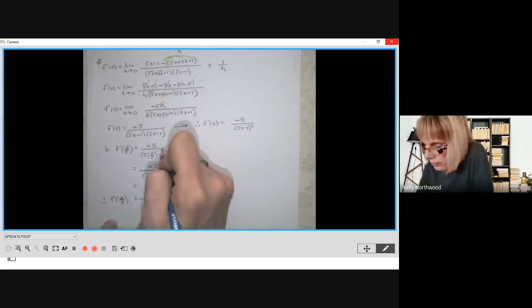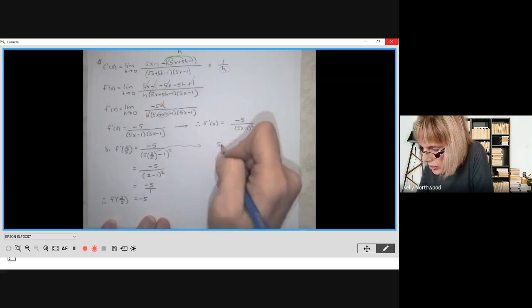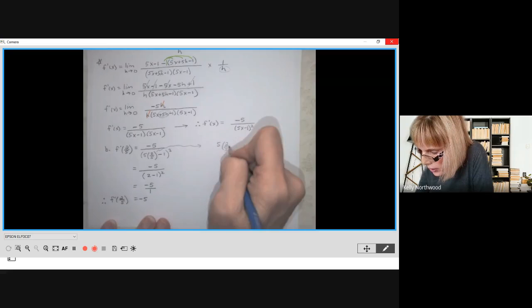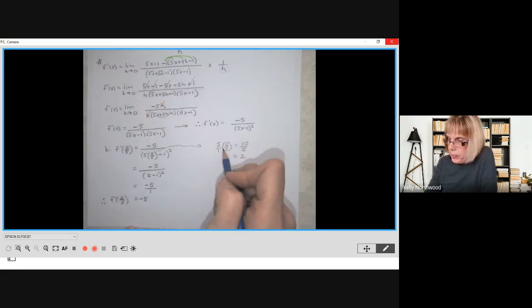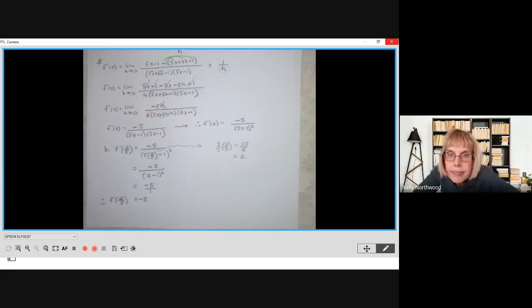If you're a little bit wobbly with fractions, 5 times 2/5 is 10/5, which is 2. Multiply the tops together and the bottoms together. And then again, I gave you a picture. So if you look up at your picture there, 2/5 is 0.4.